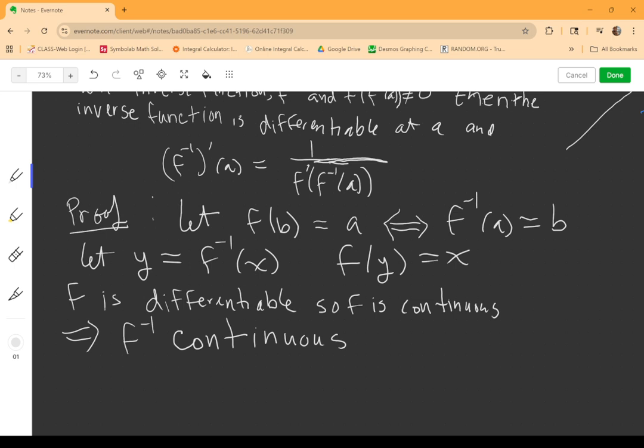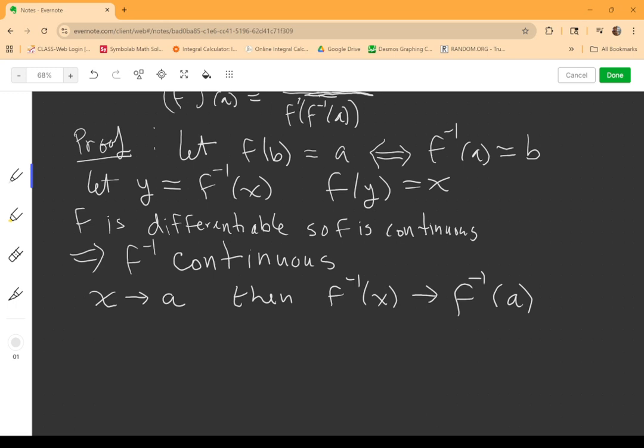And furthermore, as x approaches a, f inverse of x approaches the function value f inverse of a. And that just comes from continuity at a point. So if this is true, then what that means is that we define y to be equal to b.